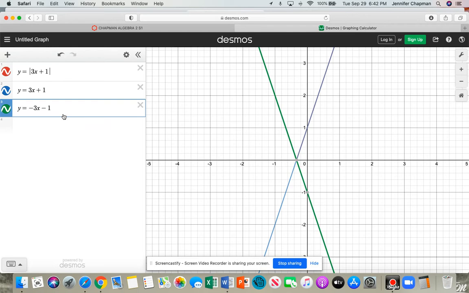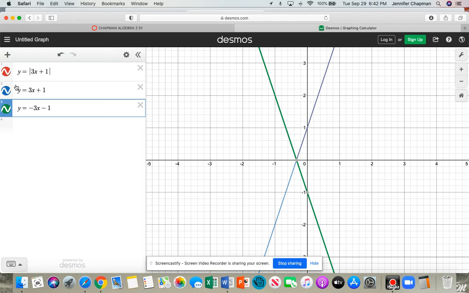I'm so sorry. Okay, so looking at this absolute value function, what's happening here is you have these two equations. There's the blue one, I'm turning it on and off, and then there's the green one, I'm turning on and off. You can see that these two functions, the blue and the green one, represent the absolute value function, right?